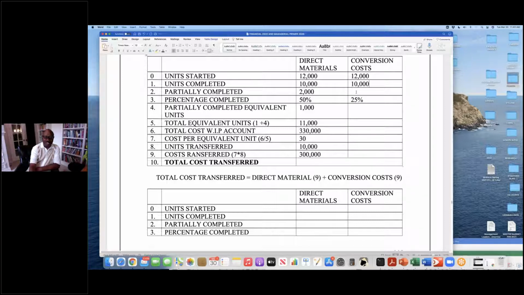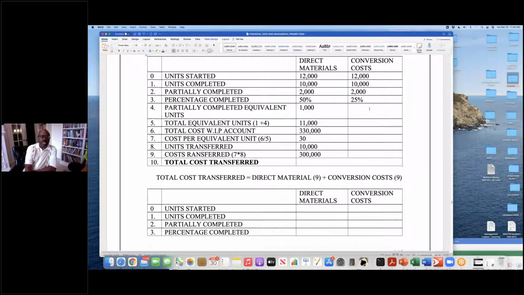Maybe I just don't understand what you meant by conversion costs. Like raw materials and labor. They're the cost to convert the raw materials to the finished product. So you've got direct material, then your conversion costs, labor and overhead, convert the raw material to finished product.